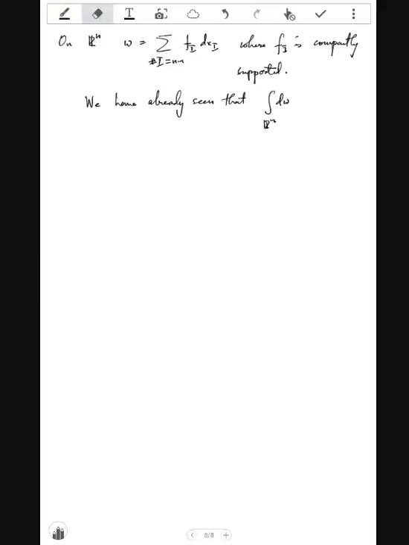Well, so integral d_j f_I dxI is 0. So this completes case 1.